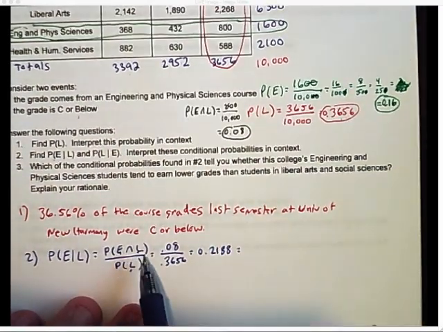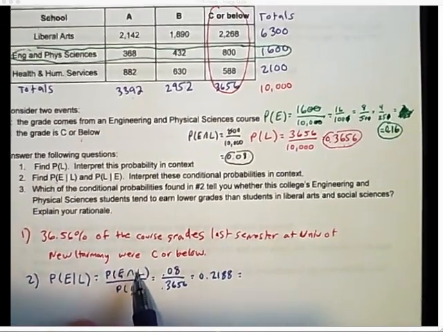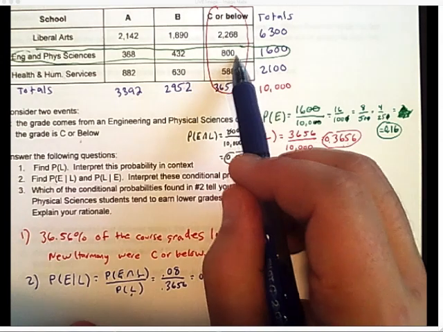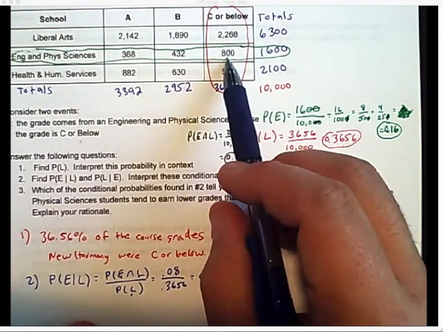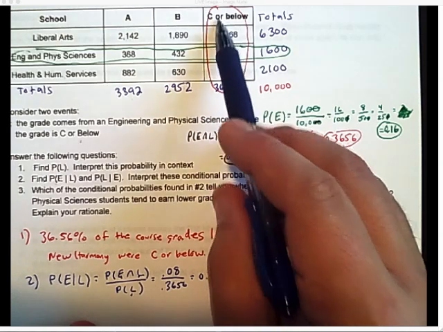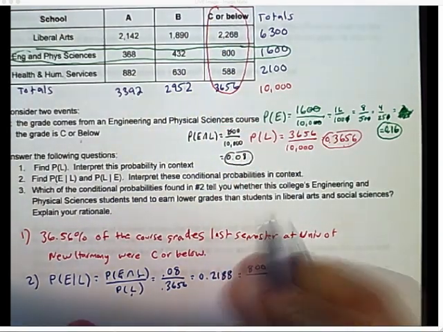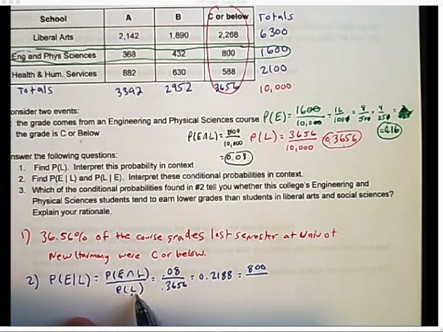Now there's actually another way to do this, just looking at the two-way table. Instead of asking yourself for percents, how many raw number of students were in engineering and physical sciences, 800, and got a C or below? Okay, so 800 of them were there. That should equal 800 over, well, how many raw number of people got a C or below?